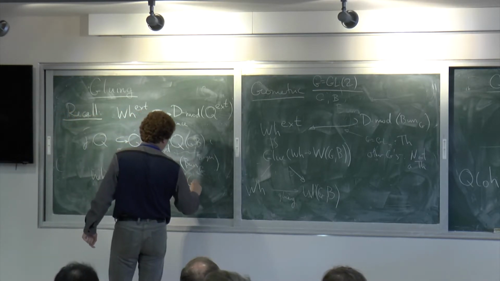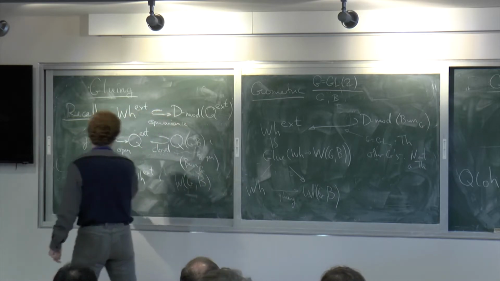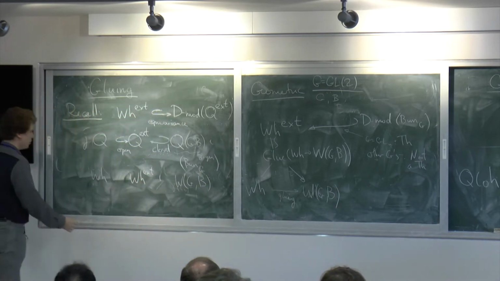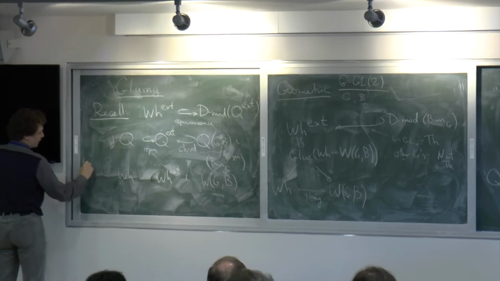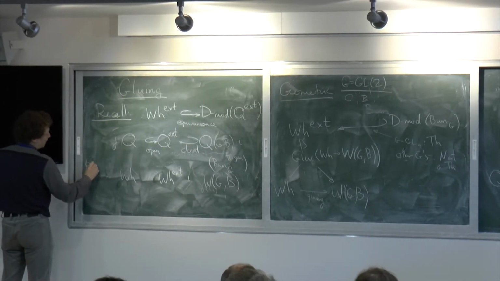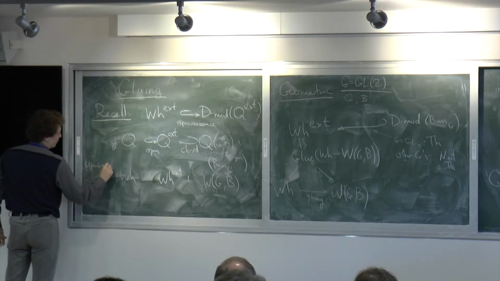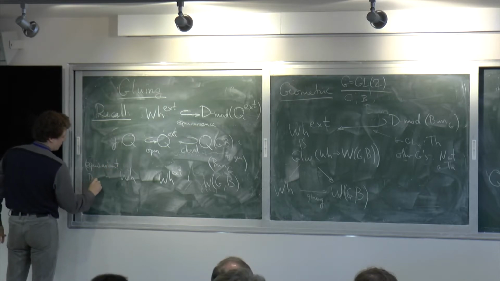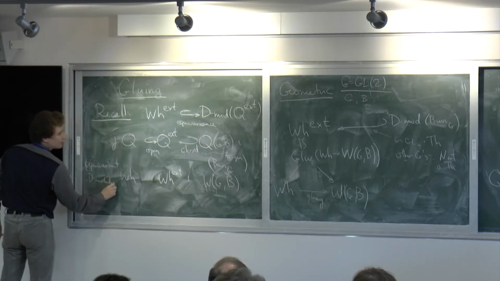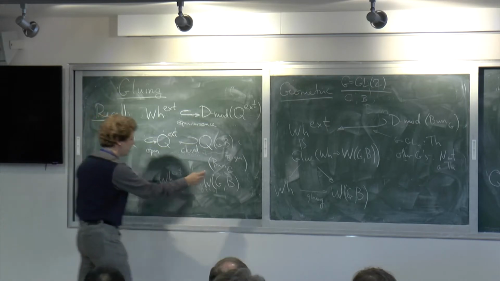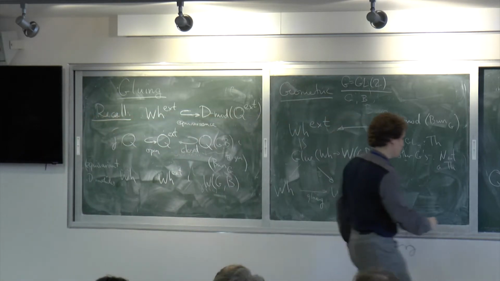And then this WGB: they're just cut out inside D-modules. So these are equivariant D-modules again. The details, in some sense, are not that important.